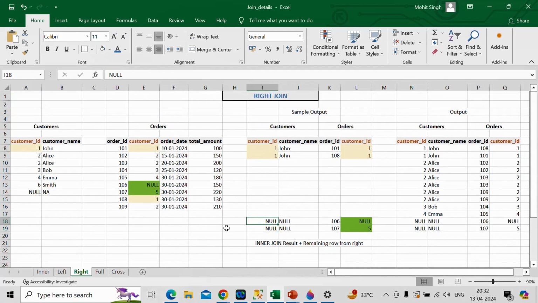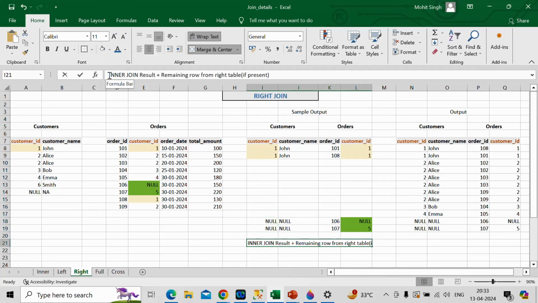Same goes for right join. So just focus on this line. The right join is nothing but a combination of inner join result plus remaining rows from the right table. Okay. So since it is a right join, we have used the right table. Now, how will we check what the remaining rows from the right table are?